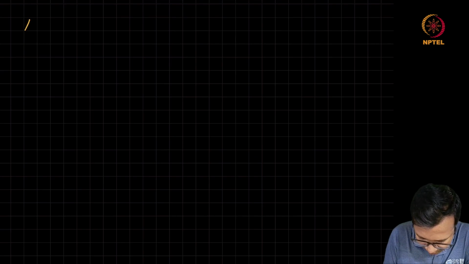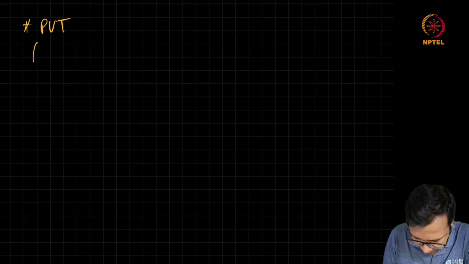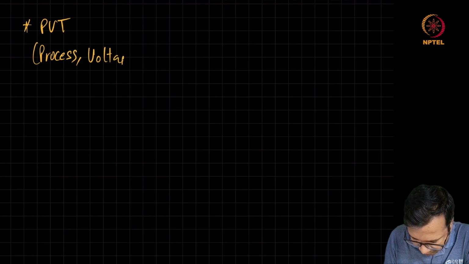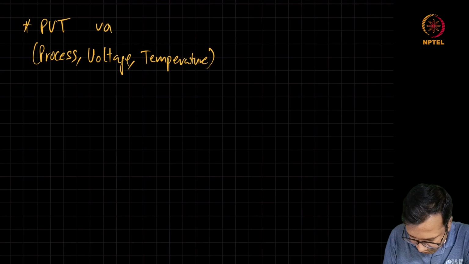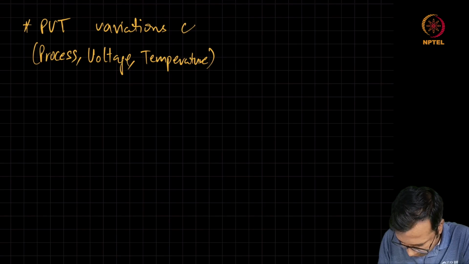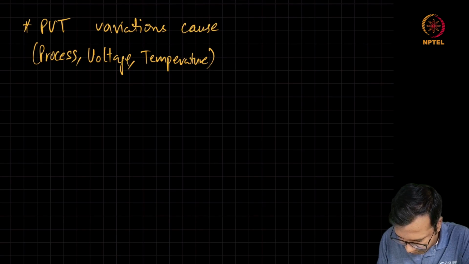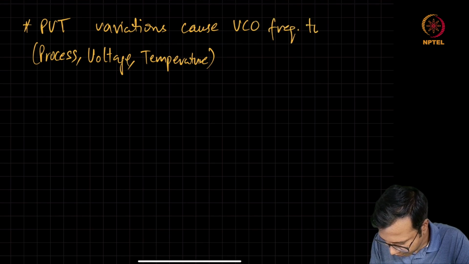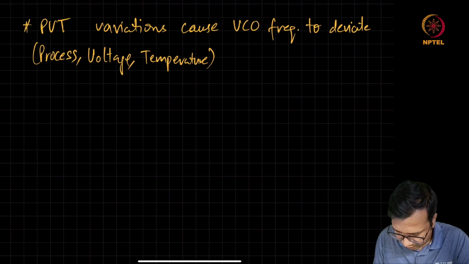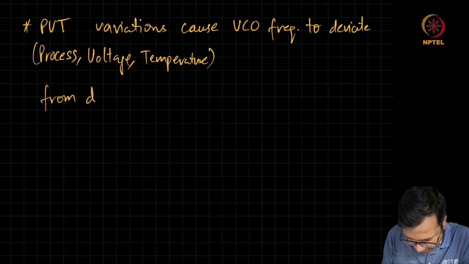So this PVT, which is process, voltage, temperature variations, causes the VCO frequency to deviate from the desired value.